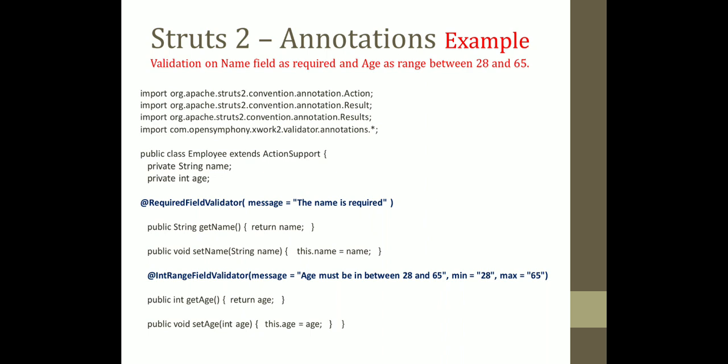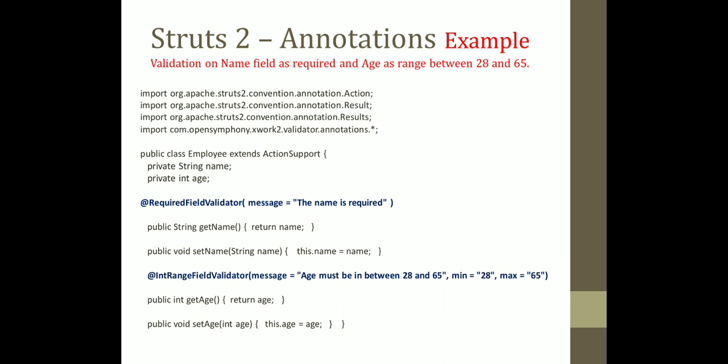We can see here we have imported many Apache packages like org.apache.struts2.convention.annotation.Action, then Result, Results, plus we can use the star package, so that all the packages under this annotation type may be included in your program.